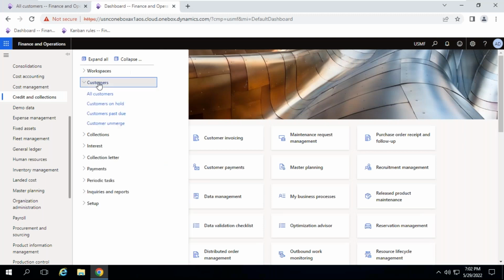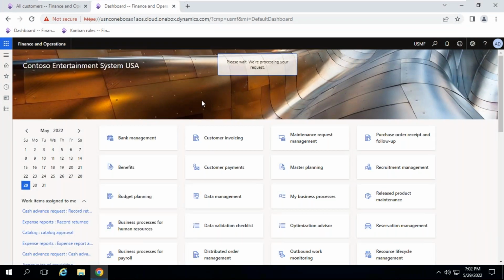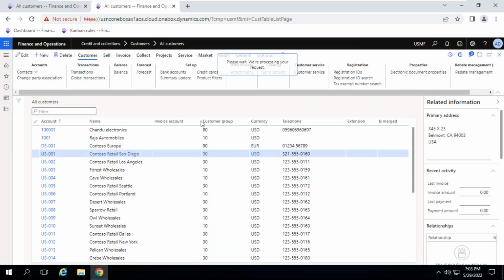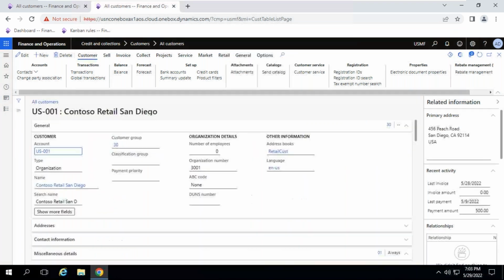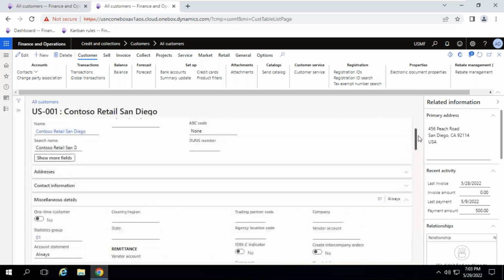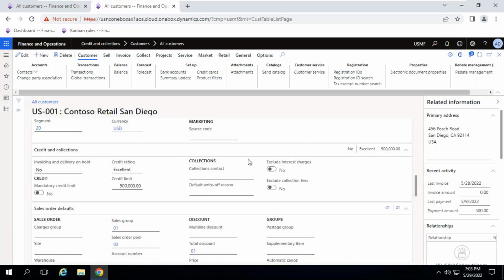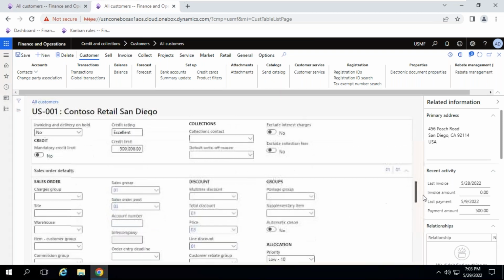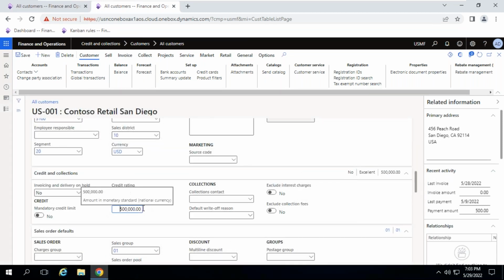So customers, all customers. Now if you open this customer account, here in credit and collections, the credit limit is configured. Now how will the system calculate this limit?